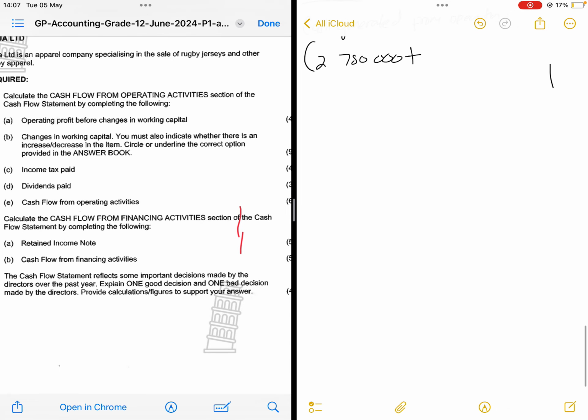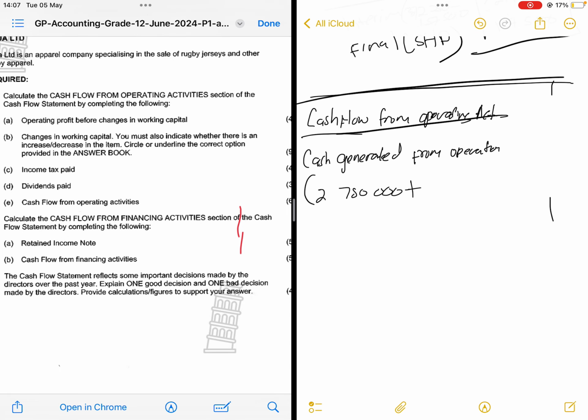So when I add a negative, it becomes a negative. So I'm going to say minus 152,30. So now I'm going to have 2,750,000 minus 152,30.